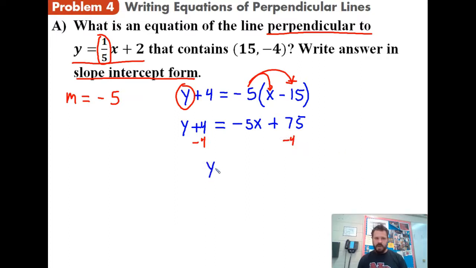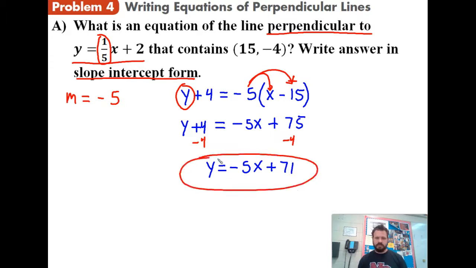And we end up with y is equal to negative 5x plus 71. All right, so there's my perpendicular line with the opposite reciprocal slope of the line I'm given through this point in slope-intercept form.